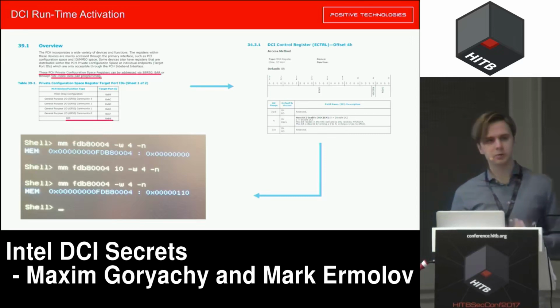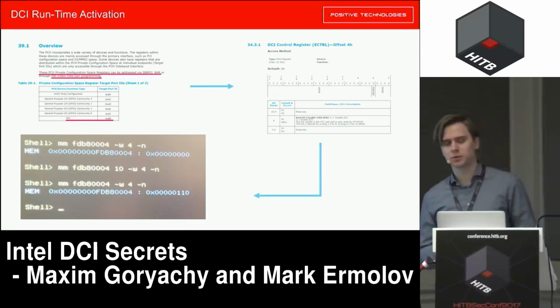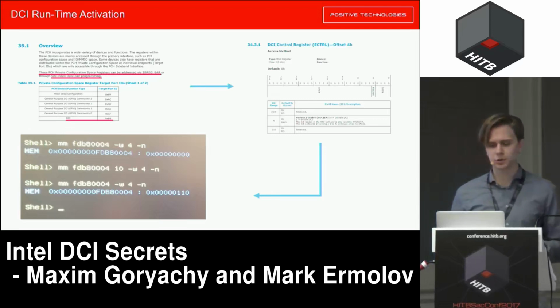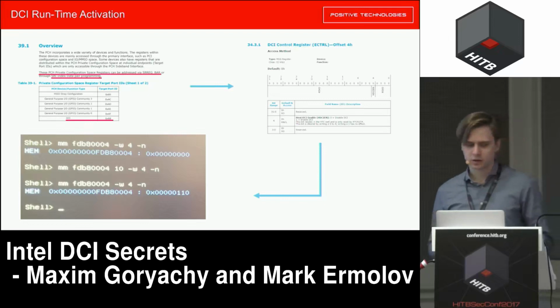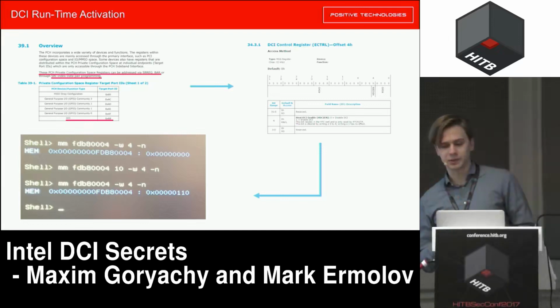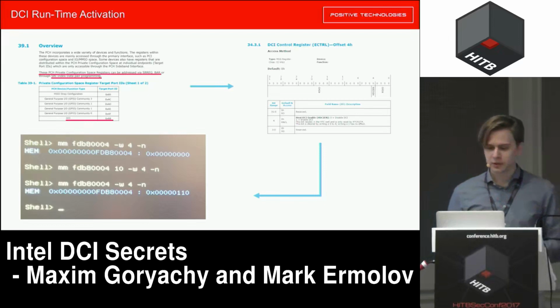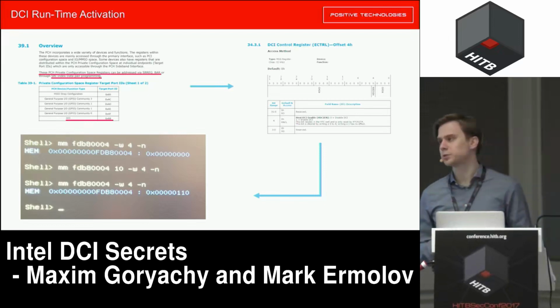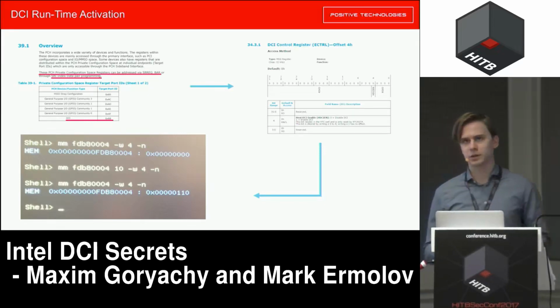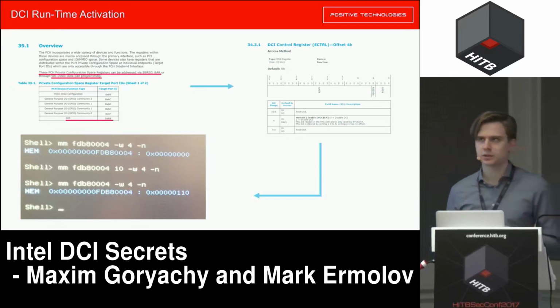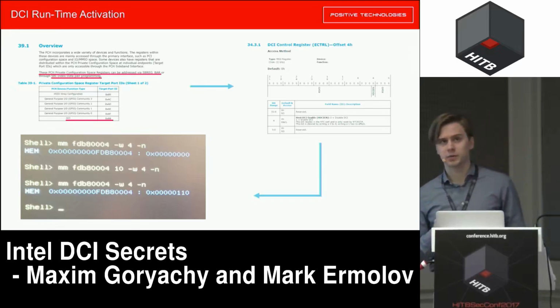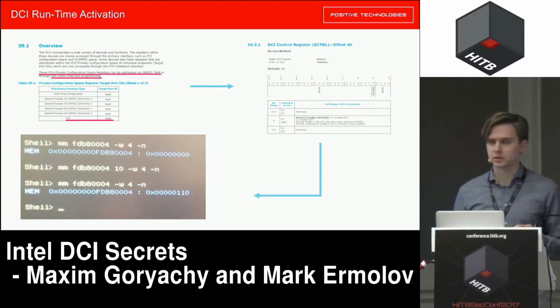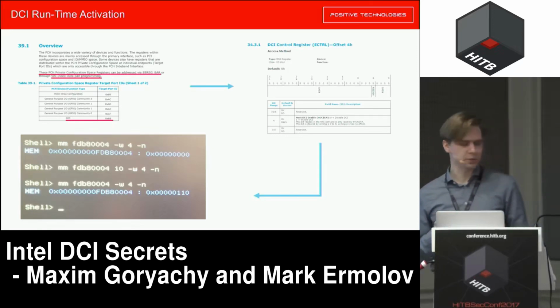In our previous talks at CCC conference, we did not disclose details of DCI runtime activation because it's actually a vulnerability. Now we can do it from Skylake, from the PCH for Skylake CPU. There is a special hidden device, P2SB. You can unhide this device if you write a special control register.